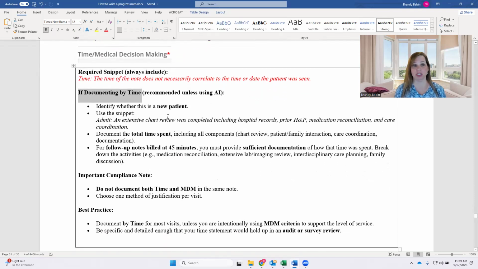If it's a new patient, then you can utilize 'an extensive chart review was completed,' and that does allow you to use the 45 minutes. So every single new admit, every single assumption of care, every single readmission should be billed at 45 minutes and a 99310.